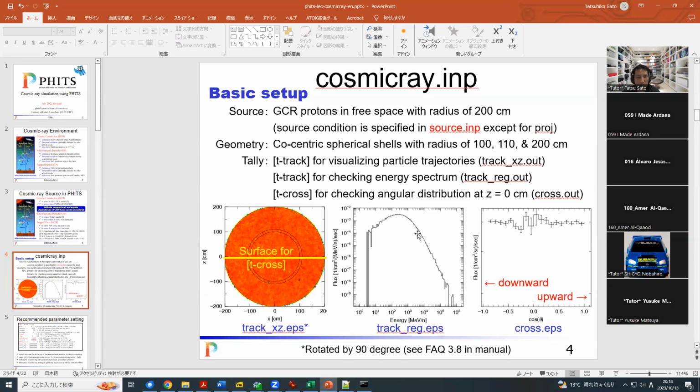In the cross.eps file, -1 is the downward direction and +1 is the upward direction. The cosmic ray source generally generates particles in an isotropic way, so the same number of particles goes from down to up and up to down, or sometimes horizontal.